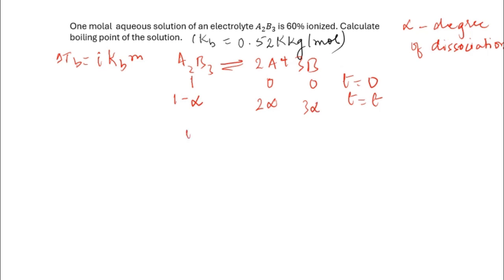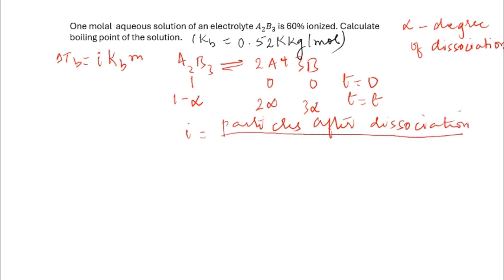So now if we want to calculate i, we have to use the formula: number of particles after dissociation divided by number of particles before dissociation.